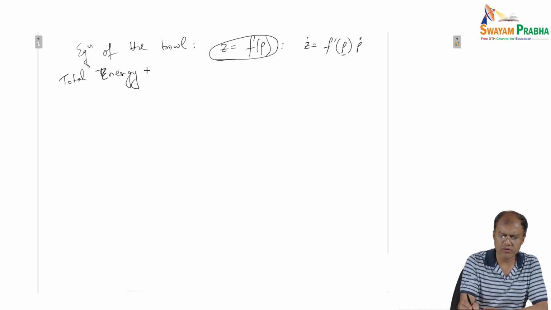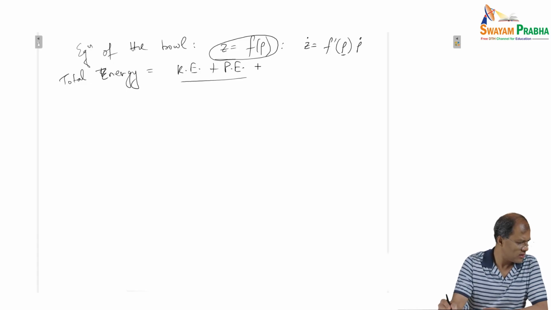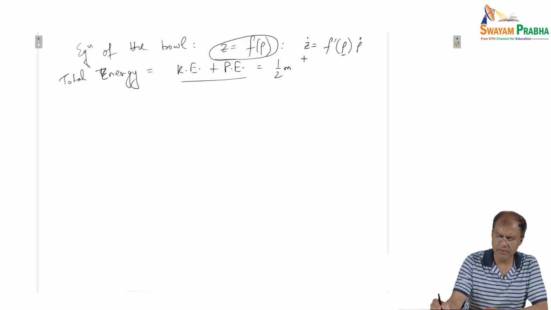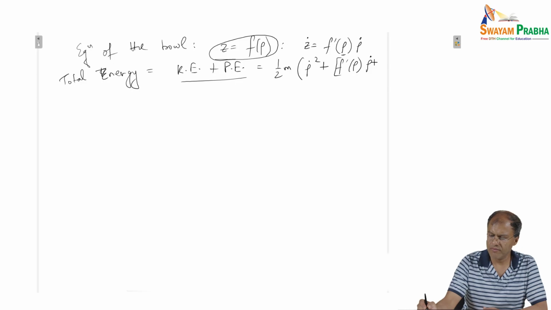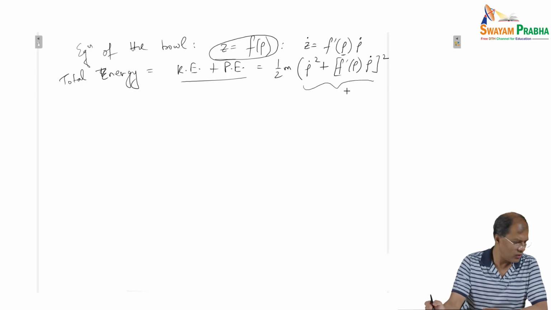So total energy is going to be the kinetic energy plus the potential energy, and this is going to be equal to half m rho dot square plus f prime rho dot square. So this is my kinetic energy component, and this is Z dot.